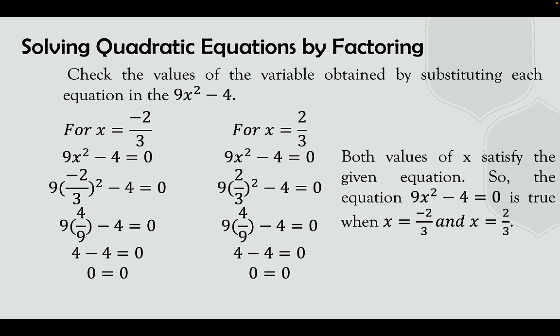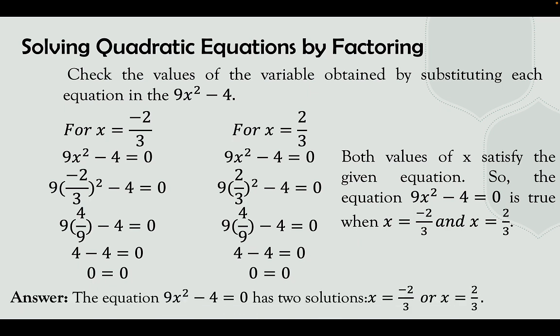Both values of x satisfy the given equation. So the equation 9x squared minus 4 equals 0 is true when x equals negative 2/3 and x equals 2/3. That means this equation has two solutions: x equals negative 2/3 or x equals 2/3.